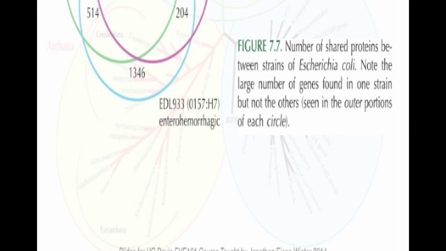And if the diversity was low, you would expect asymptoting early. And what they saw was very little detectable asymptote. And they came up with a term called the pan-genome to describe the genetic diversity within a species, the massive number of genes that you would see within a species.